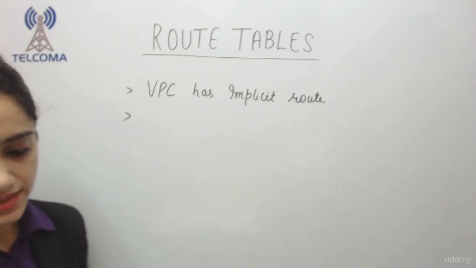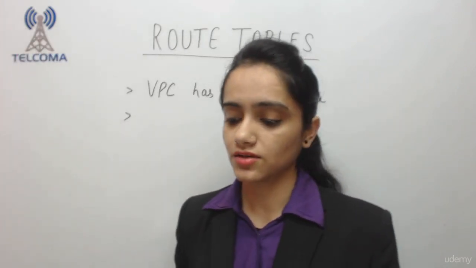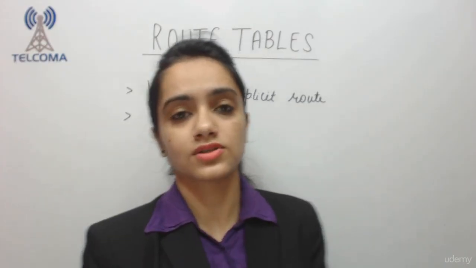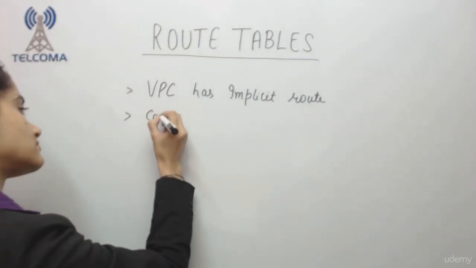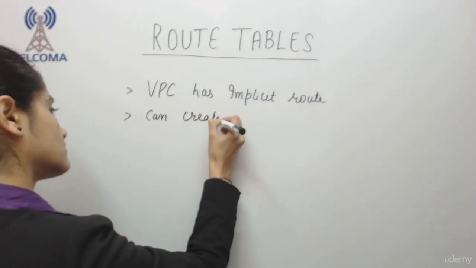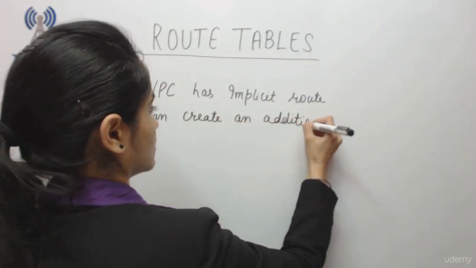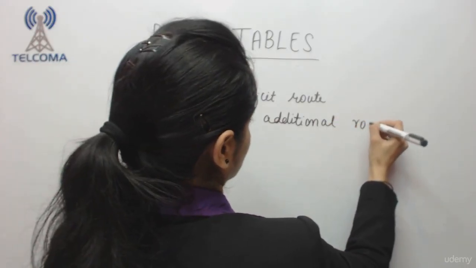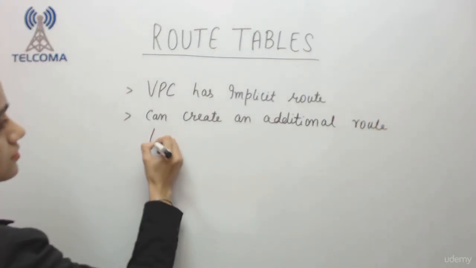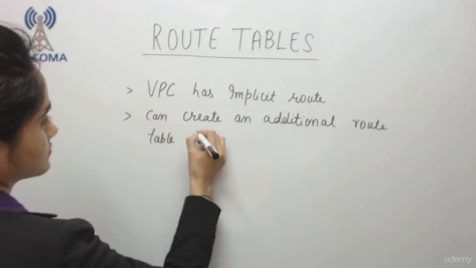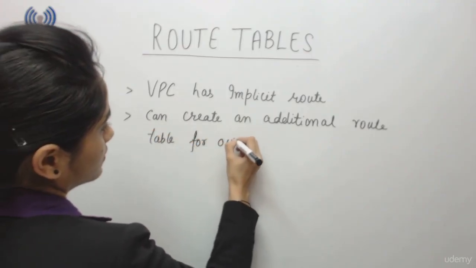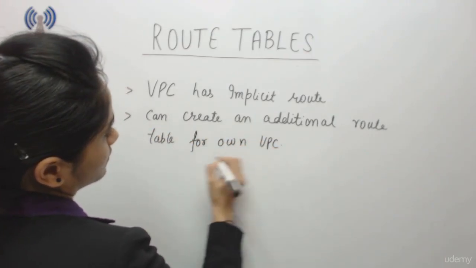And next, we can create an additional route table for our own virtual private cloud.